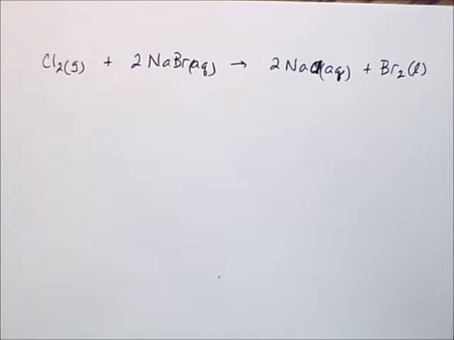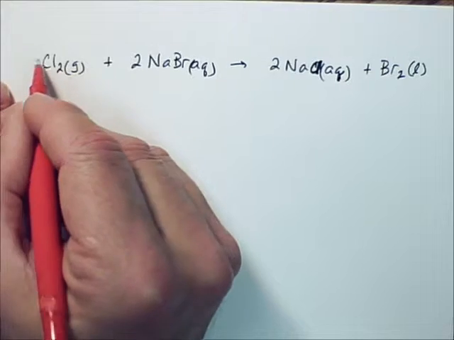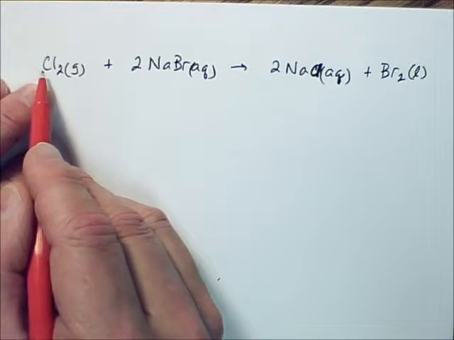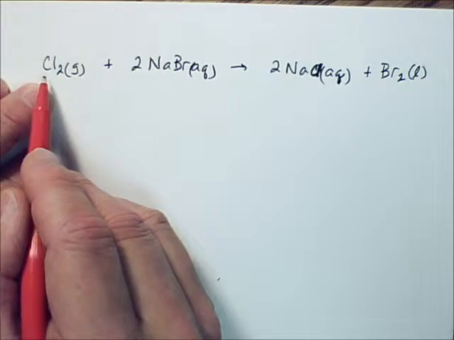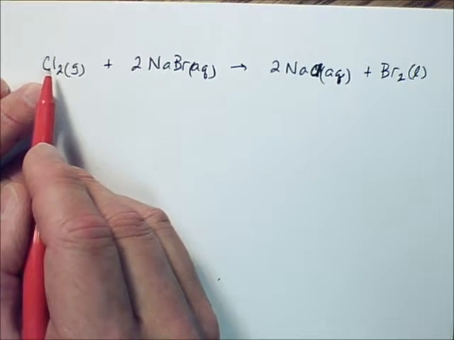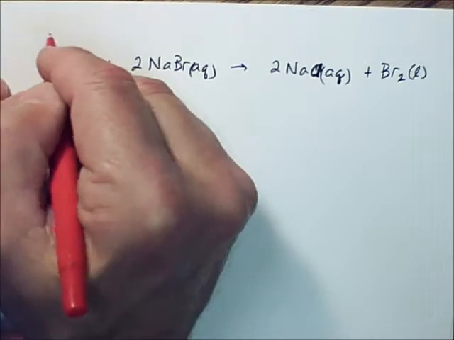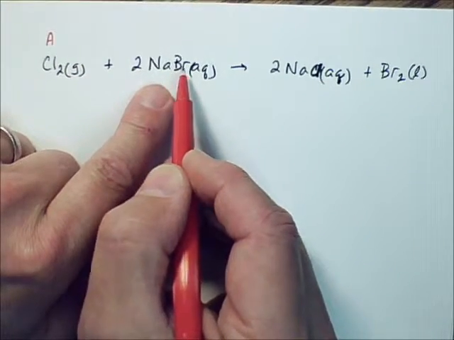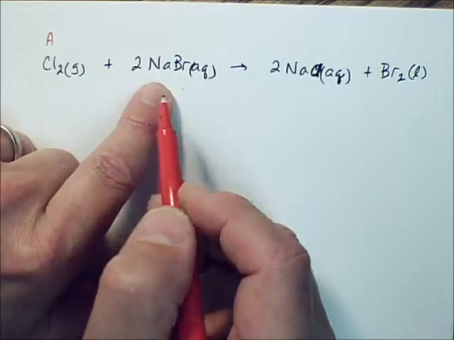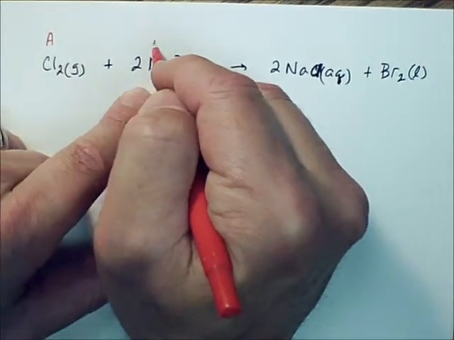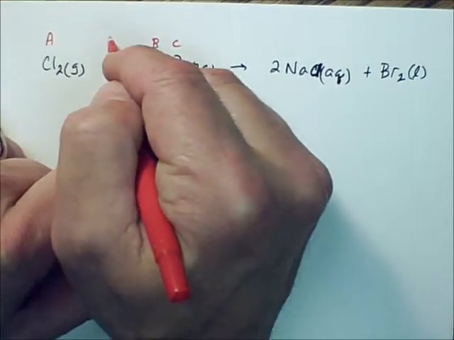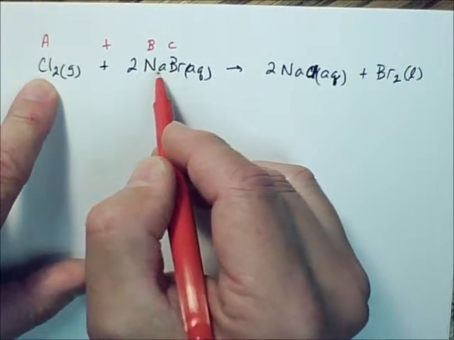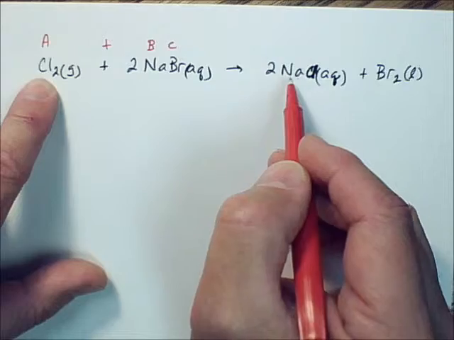Okay, so this is an element by itself. Yes, it's got a 2 here, but there's nothing else combined here except one element. So this would be considered like an A. Here we have 2 different elements, a metal and a nonmetal. That's a 2-part compound like B and C. Now, notice Cl is joining up with B over here.